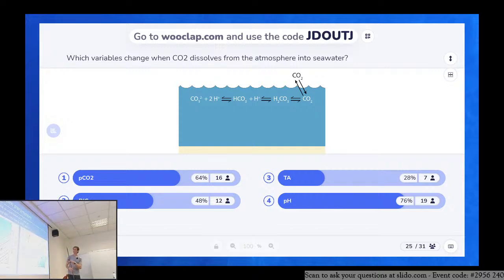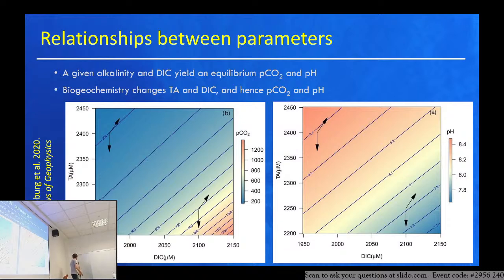Now, here's another horrible looking diagram, but it's actually quite useful to think about what happens biogeochemically when biogeochemical processes happen in the ocean. A given alkalinity and DIC we can think of as resulting in a certain equilibrium value for PCO2 and pH.